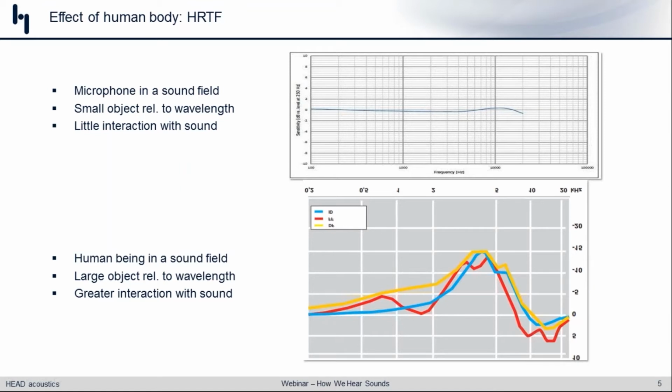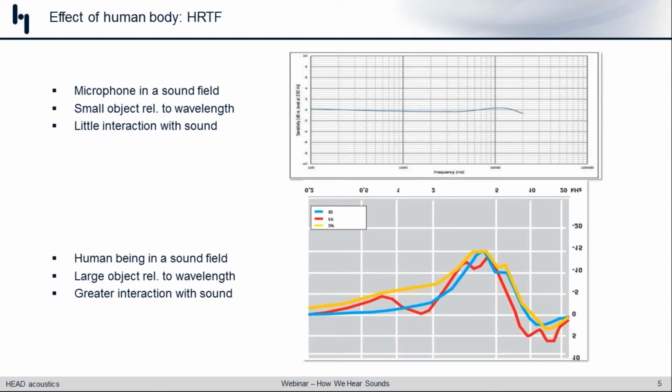What you see is, because the microphone is so small relative to the wavelengths, that the microphone will have little influence on the sound waves at the location where the microphone diaphragm or membrane is located, where it actually picks up the sound.